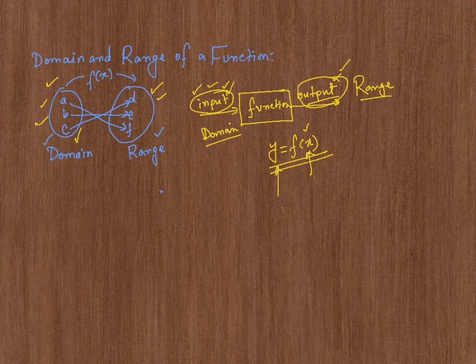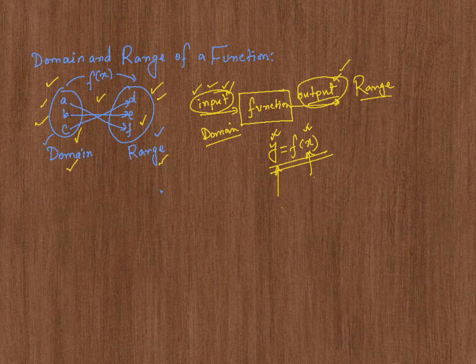That means the y value depends on the values of x. So y is the dependent variable that comes from the range. So keep in mind this input-output definition of a function and the mapping definition of a function, and also what is domain and what is range.